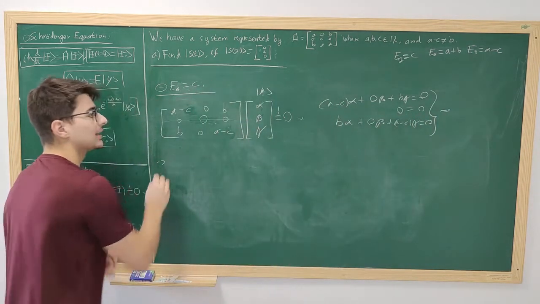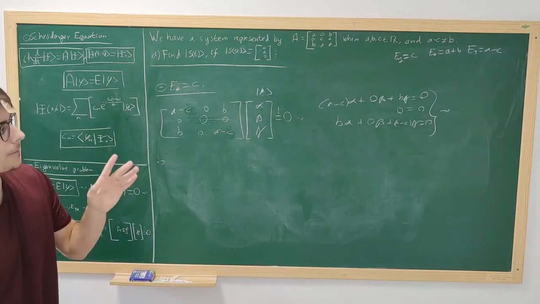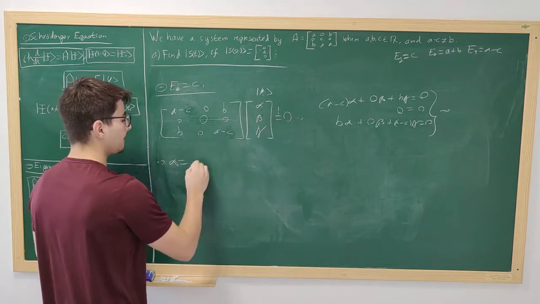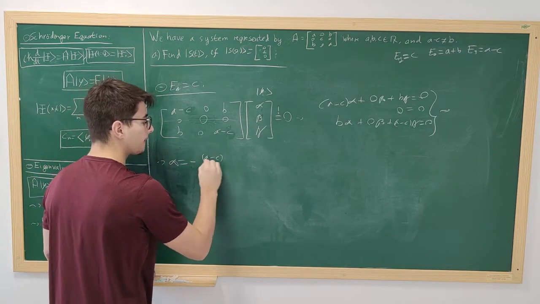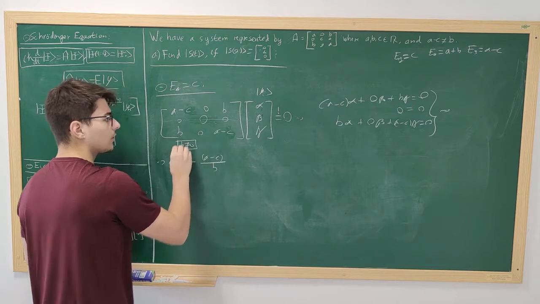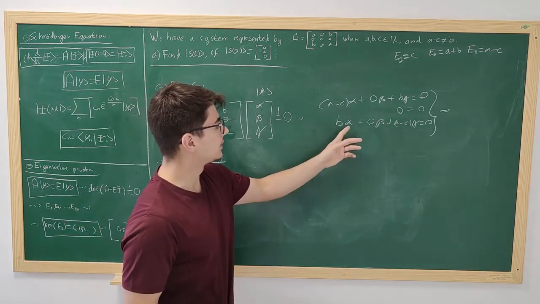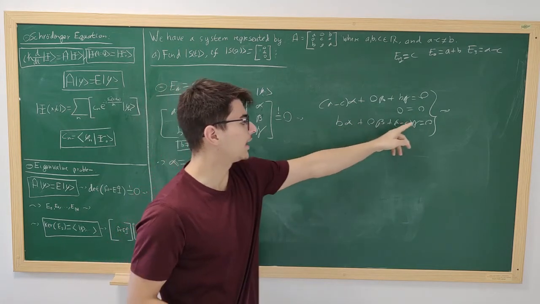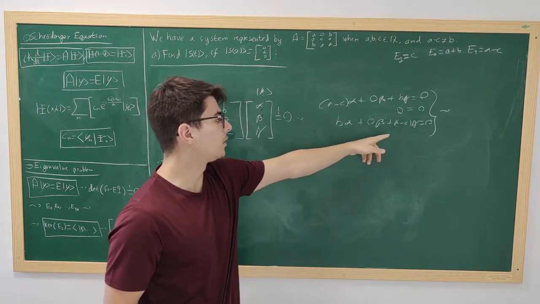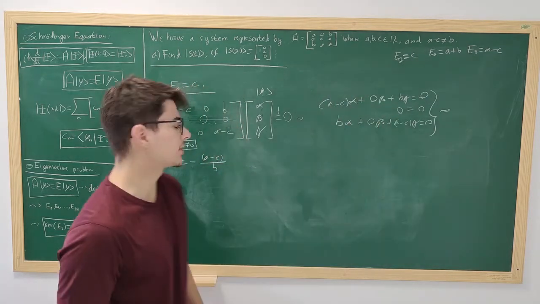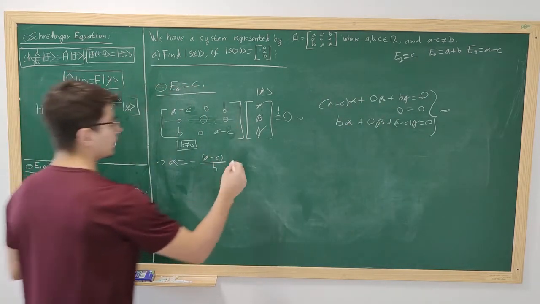From this we get that alpha can be expressed as minus (a minus c) over b, assuming that b is not 0. If b was 0, then gamma and alpha would both have to be 0, and we'll actually get the same result, as you'll see later.